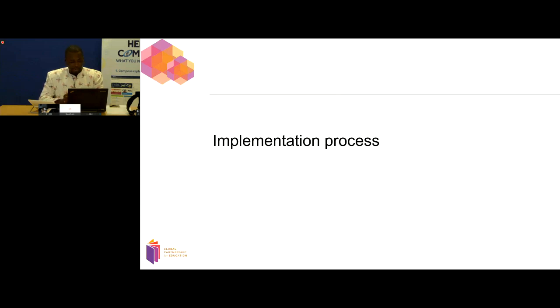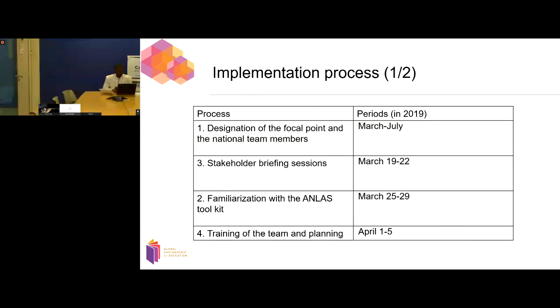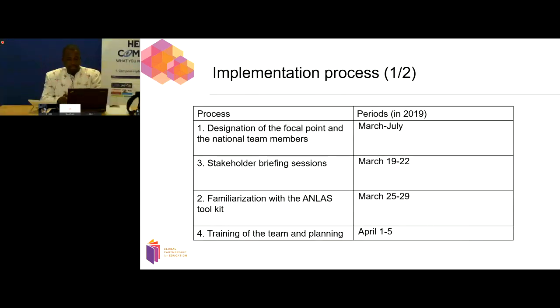How did we implement the pilot in Mauritania? We have several steps. We'll go quickly through how we were able to implement this pilot in Mauritania. So we had 6 steps for the implementation.